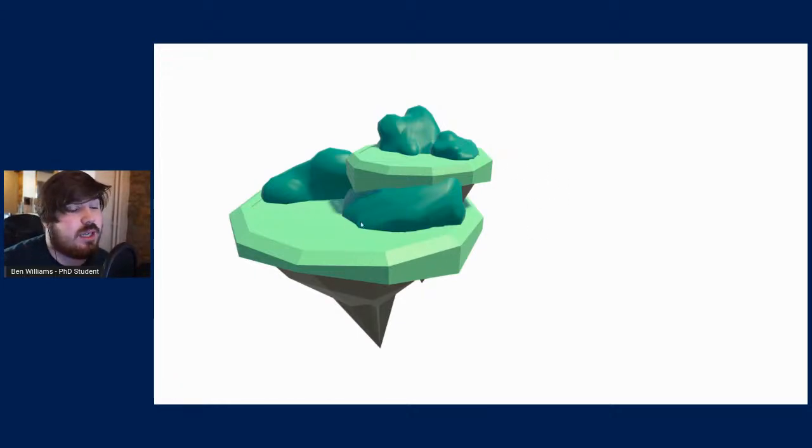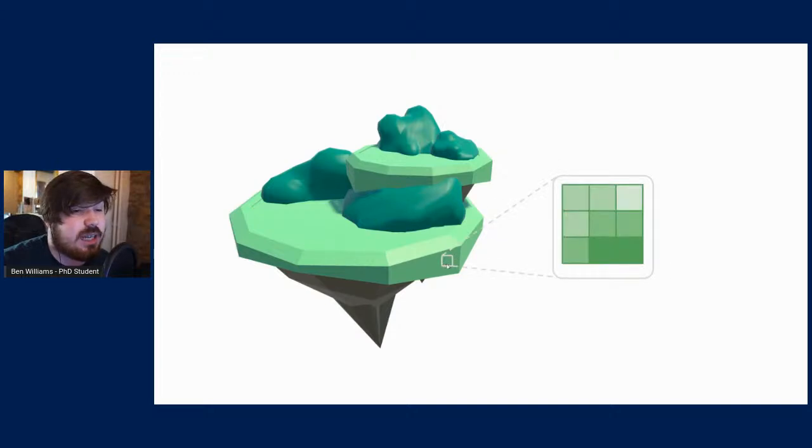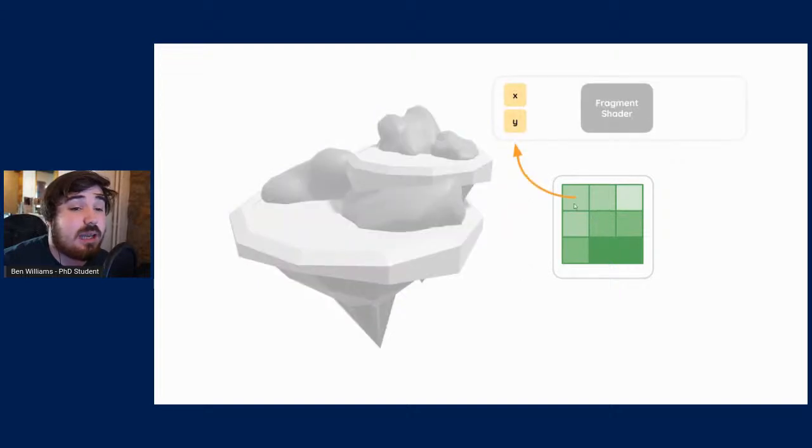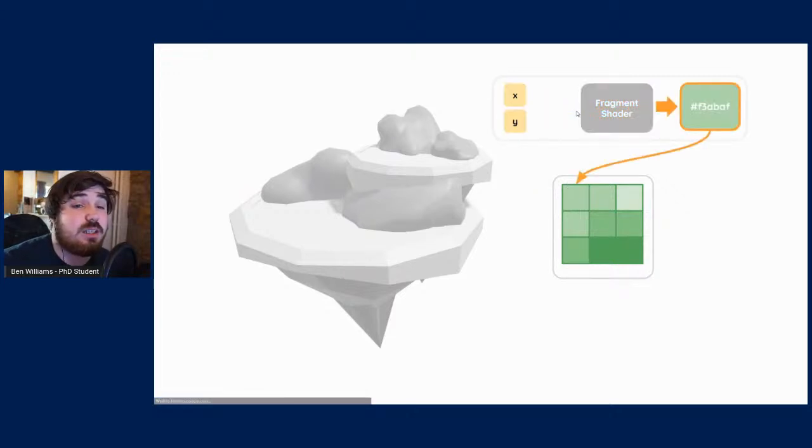If we took a cross section of this render, you can see these 3 by 3 pixels, and these are the colors of them. For each one of these pixels, it's taken the XY coordinates of this pixel, passed them into the fragment shader, and the fragment shader has spit out a color, and it's set that pixel to that color.